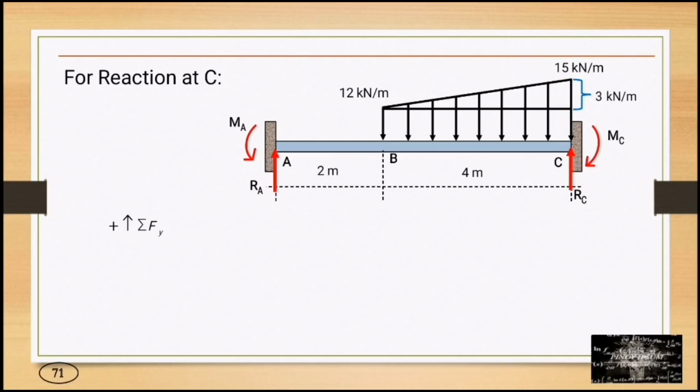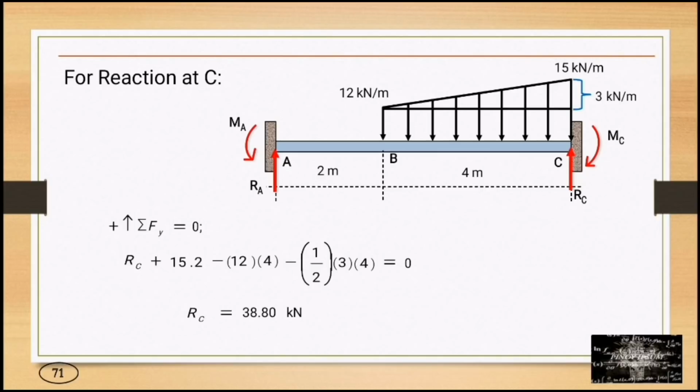Summation of forces along Y is equal to 0. So, RC plus 15.2 minus 12 times 4 minus 1 half times 3 times 4 is equal to 0. So, RC is equal to 38.8 kilonewtons. Okay?